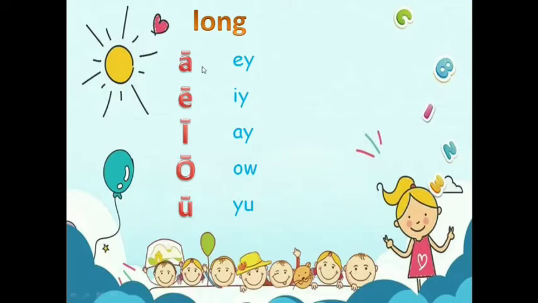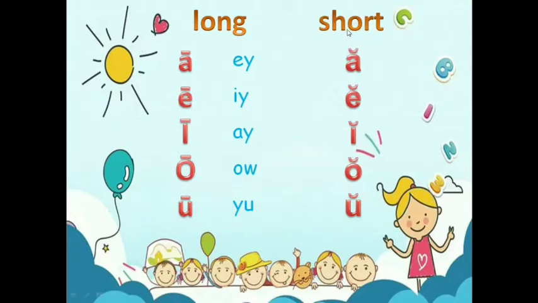So next, if you read a dictionary and in the phonetics you see this kind of symbol, then you will read the word with the long vowel. Do you got it? Okay, next is short, of course. Short has a different one.